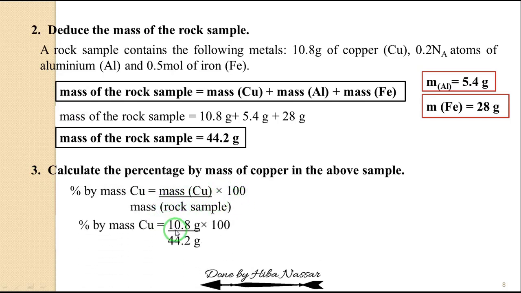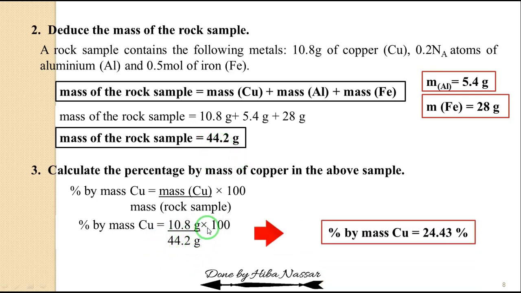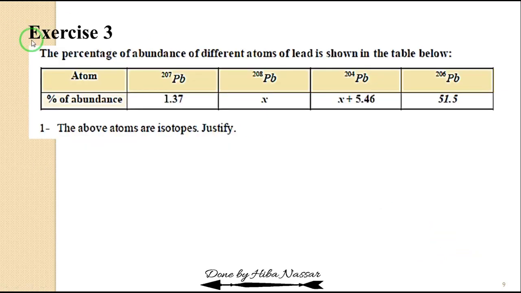So it's equal to 10.80 gram, which represents the mass of copper, divided by the total mass of the rock sample, 44.2 gram, times 100, and you will deduce that the percentage by mass of copper in this alloy is equal to 24.43%.